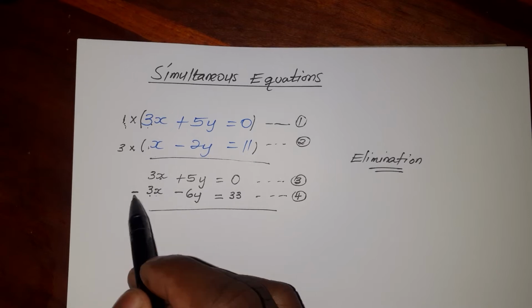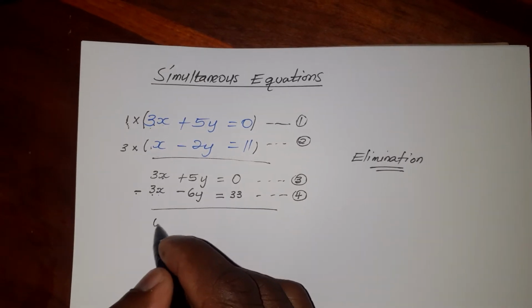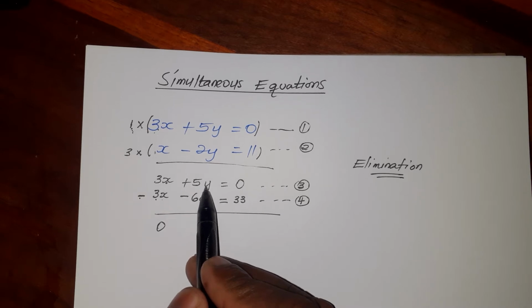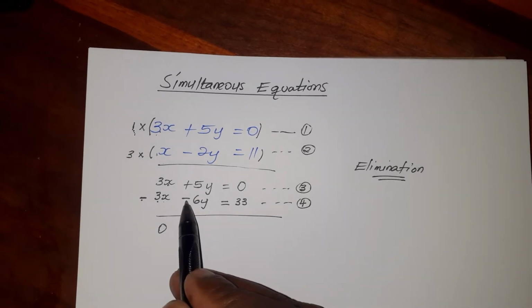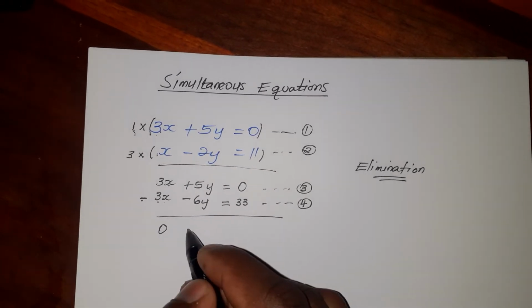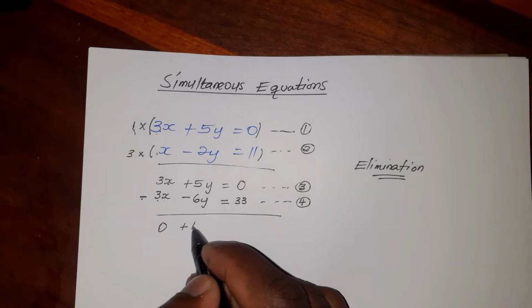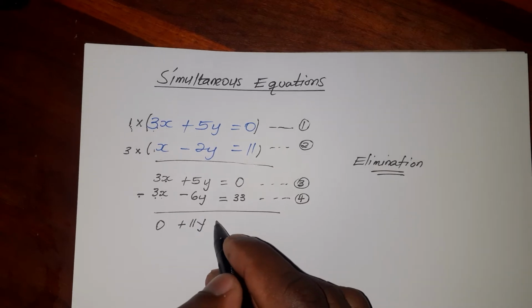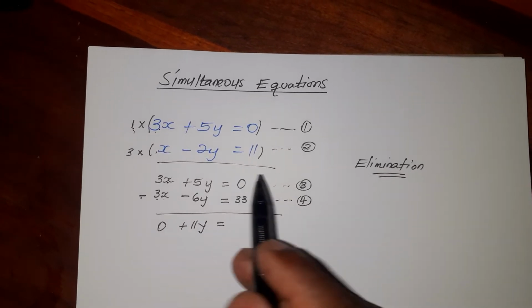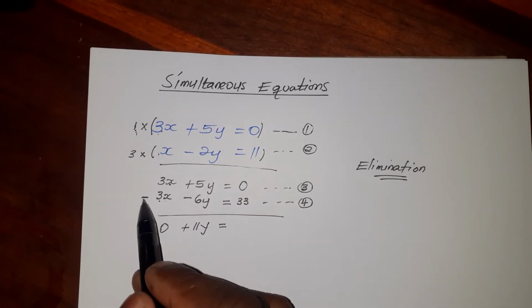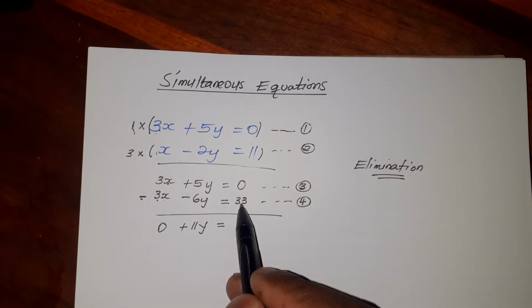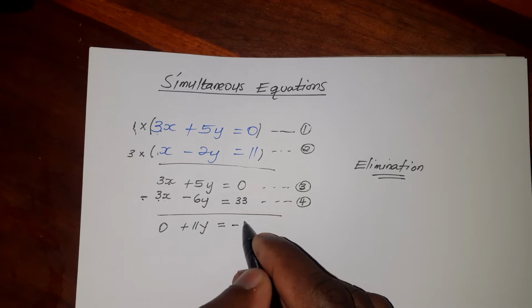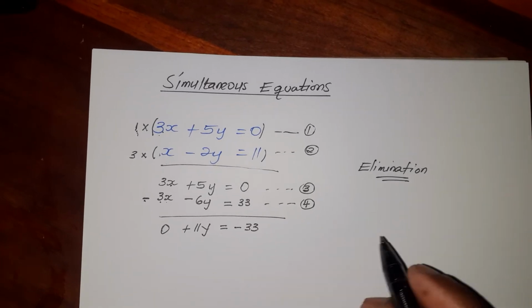So 3x minus 3x is 0. Positive 5y minus negative 6y, we get positive 11y. And then equal 0 minus positive 33, we get negative 33.